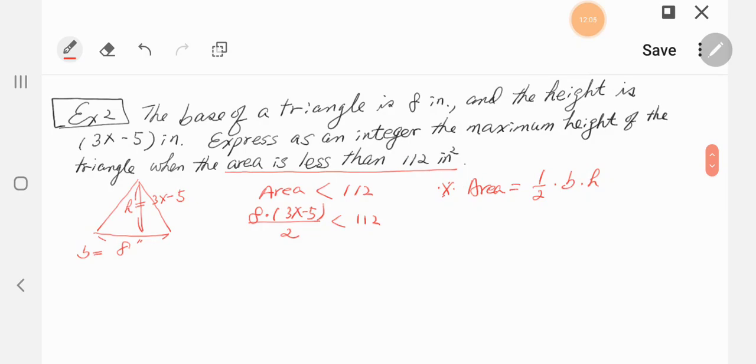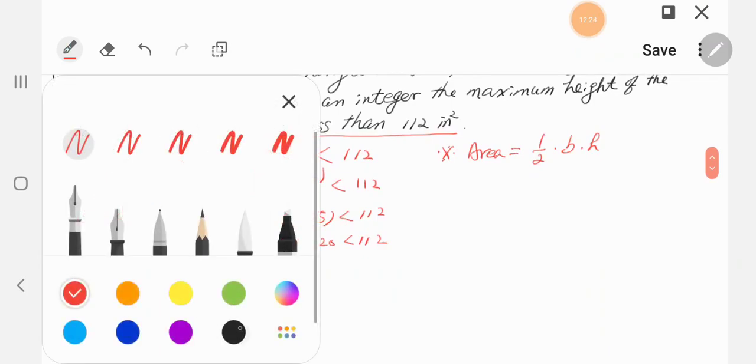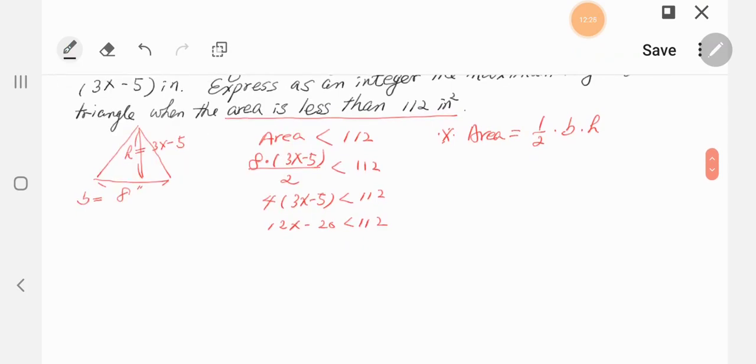Okay, let's simplify and then find x. You can reduce this, so this is 4 times 3x minus 5. Then 12x minus 20 is less than 112. Then plus 20 each side.